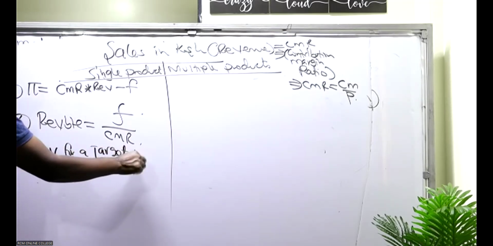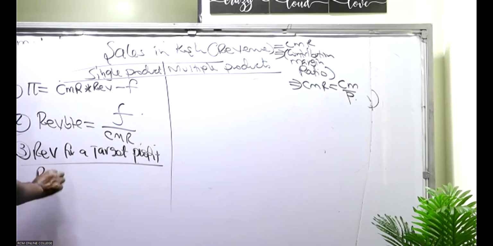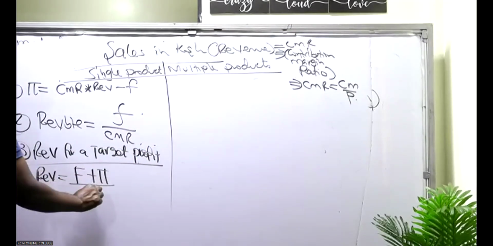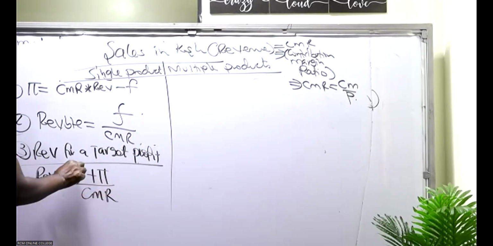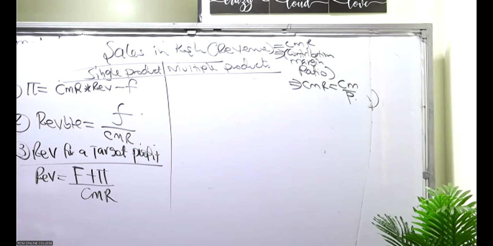In this case, we take fixed cost plus profit all over CMR, where CMR is the contribution margin ratio.